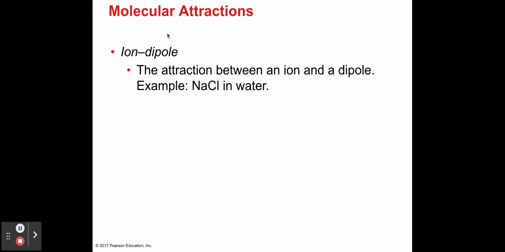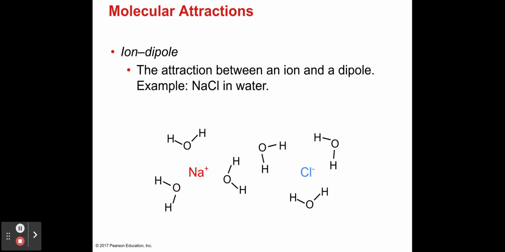So now we talk about what we call ion-dipole, the attraction between an ion and a dipole. So we take an example of water. When you put salt in water, this salt is going to separate into its ions, for example, sodium chloride. Sodium is going to exist as Na plus, while chlorine will exist as Cl minus.